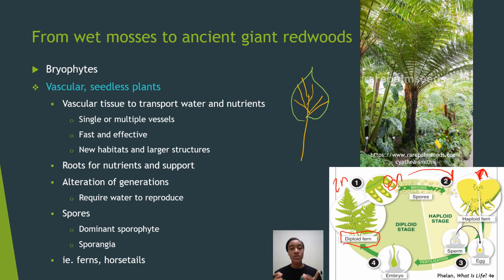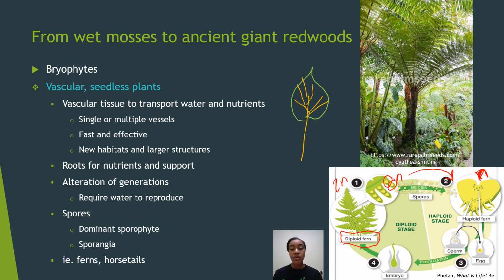I actually include a video at the end of this presentation, and the guy is a little interesting, but he does describe ferns really well, and he does show you some examples of the haploid, the gametophyte fern, so you can see what they look like. They're very, very small, and they look like these heart-shaped leaves.